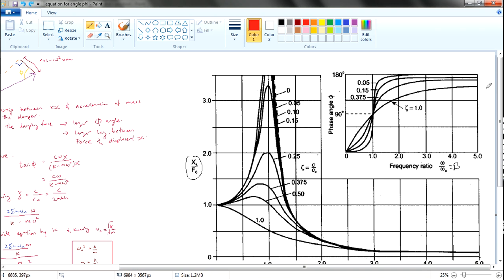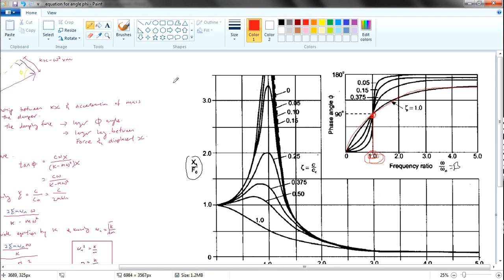So this is exponential. If the damping factor equals 1, your curve is like that. When your phase angle is 90 degrees, and the frequency ratio is 1, this is the point where your system goes to infinity, right?